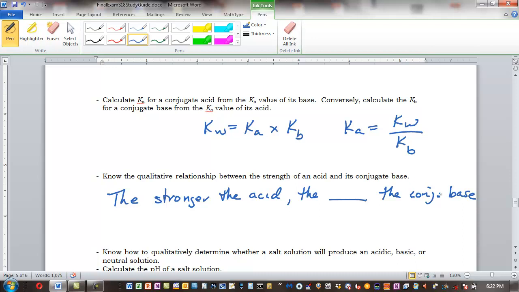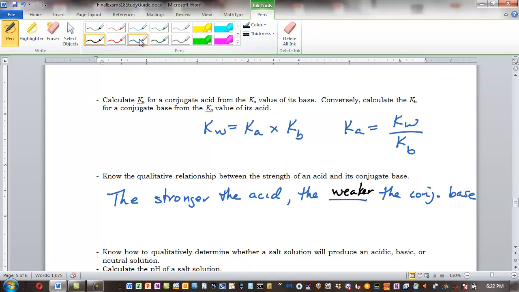The stronger the acid, the weaker the conjugate base. Okay, so they go in opposite directions. And this becomes important when we're looking at salt solutions. And is, for example, the conjugate base of this acid a base or not?